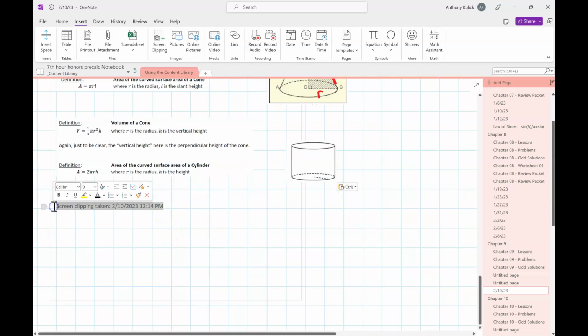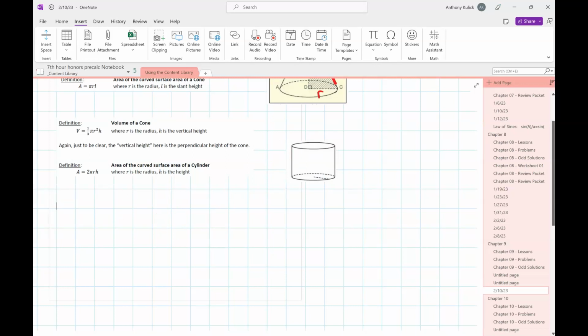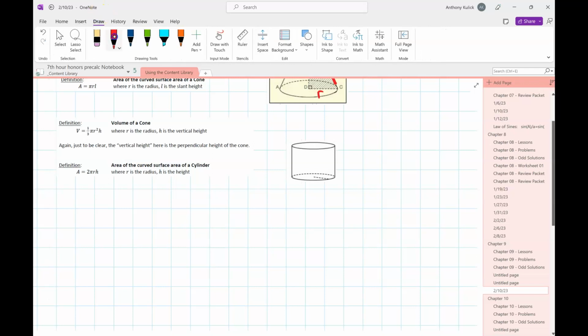Yeah, so let's talk about that. If I look at my cylinder there, what sides are flat? The top and the bottom, right? If I take the sides of that cylinder, those are all curved, right?